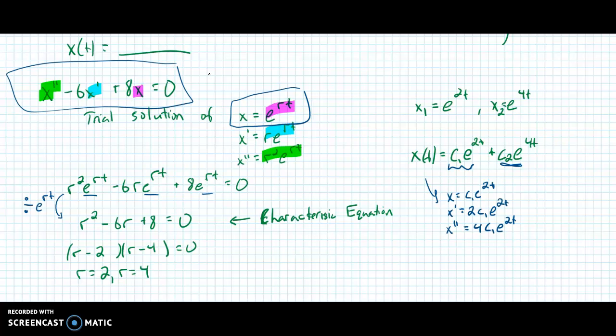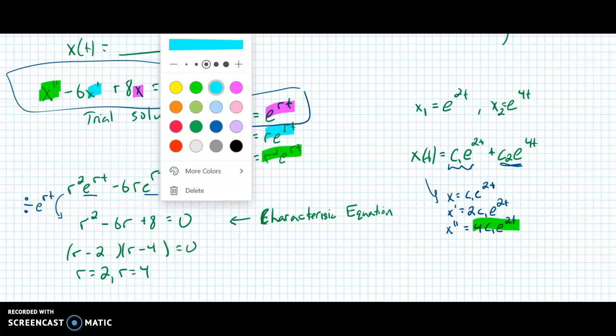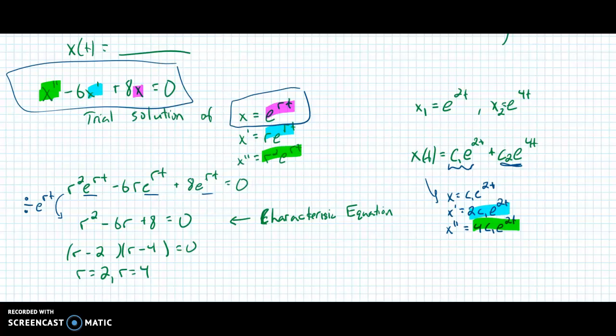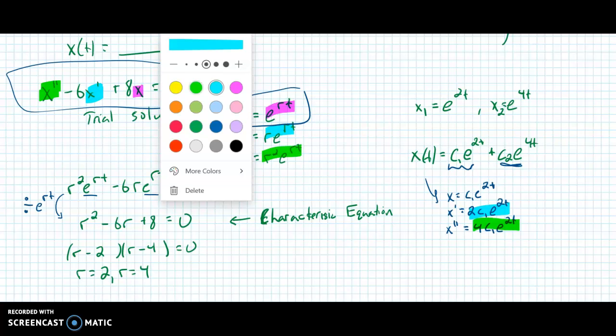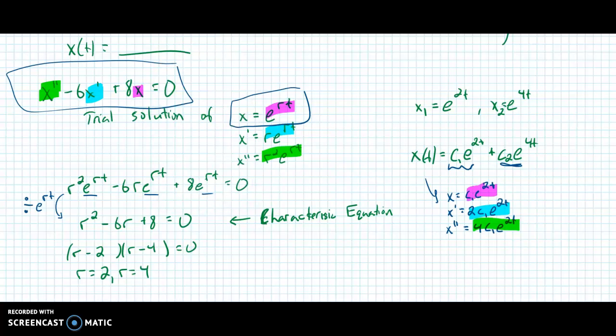So now let's plug these guys in. Let's see if we can color code it. This guy is green, this is that. And then the next color is blue, so this guy is going to go in for that. And then the next color is purple-ish. Purple goes in for that guy.